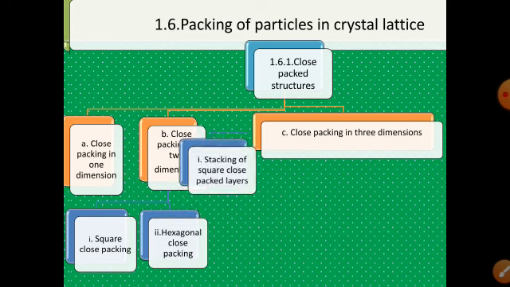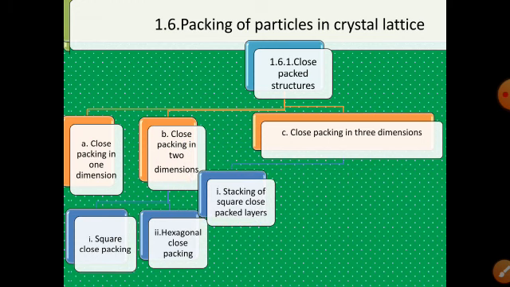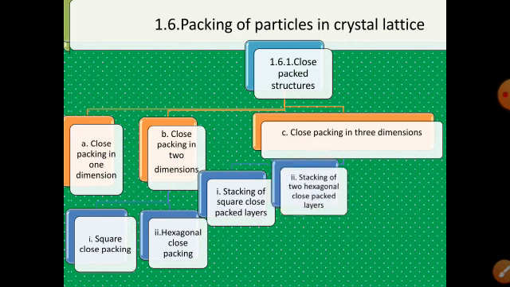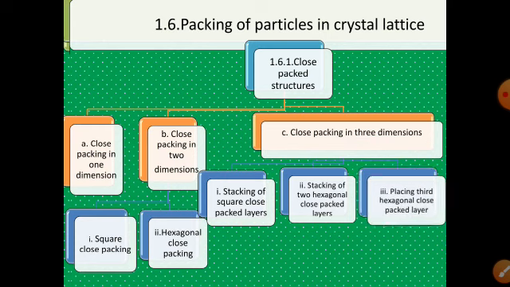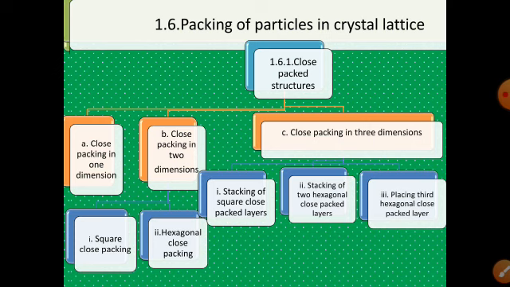In close packing in three dimensions, depending upon stacking, there is stacking of square close packed layers, then stacking of two hexagonal close packed layers, and the third is placing a third hexagonal close packed layer on the second one.